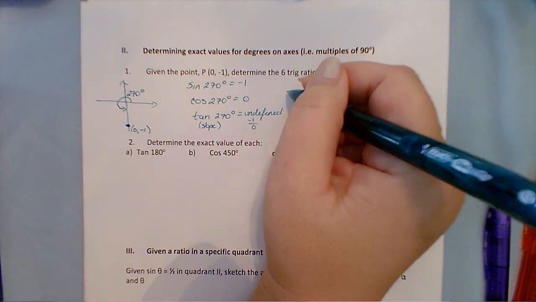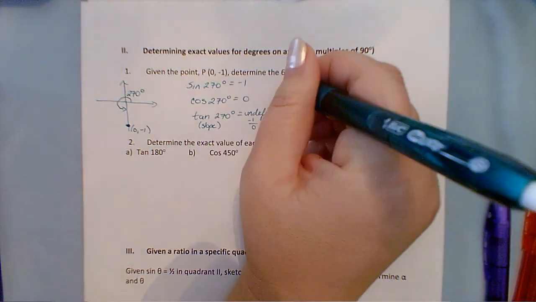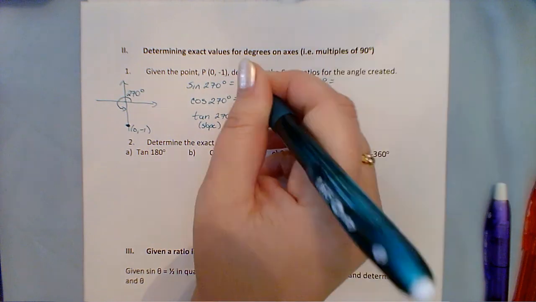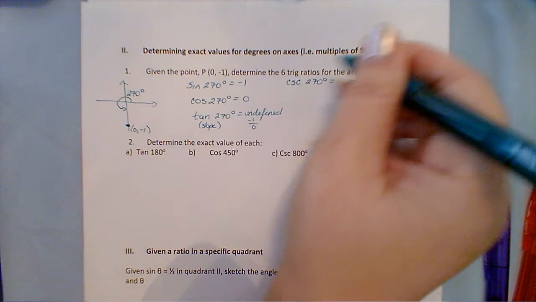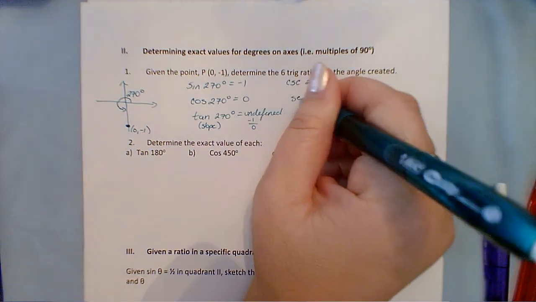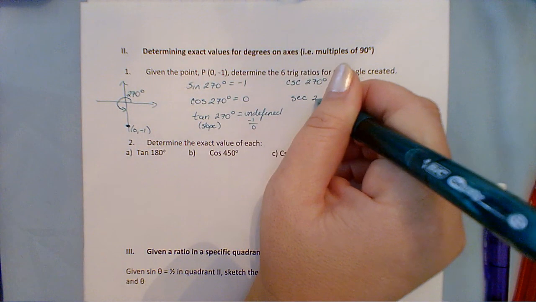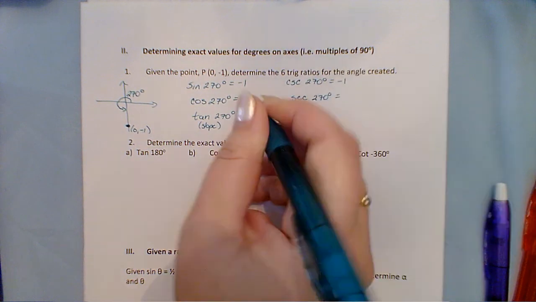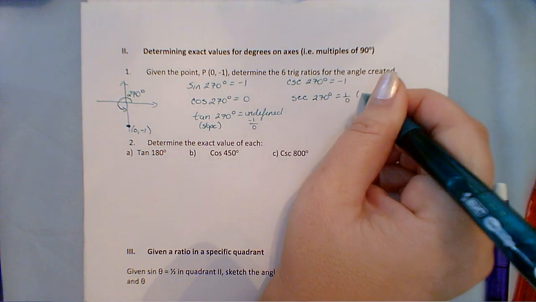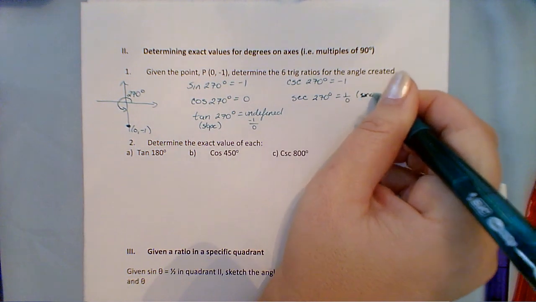Now when you do the reciprocal to sine, cosecant of 270, so -1 over 1 is still -1. That's not going to change. Secant 270, so 0 over 1 becomes 1 over 0. That becomes undefined.